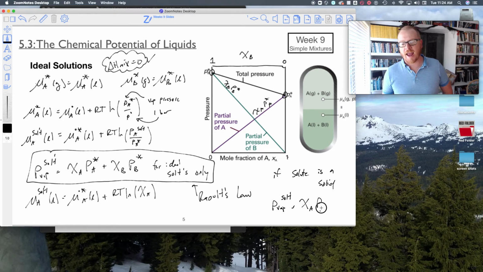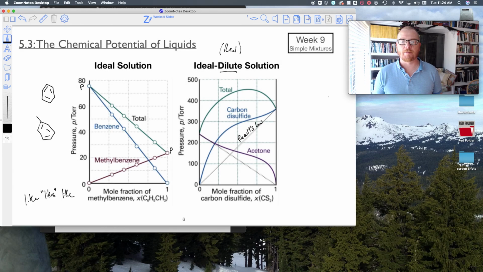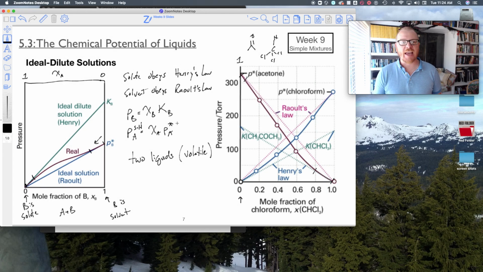So maybe chi A times PA star, and that's it. Because if the solute is a solid, and we'll call that B, it doesn't have a vapor pressure, okay? So we don't have to worry about it. So this example of ideal dilute solution is really the case with two liquids making a mixture, so two volatile components.